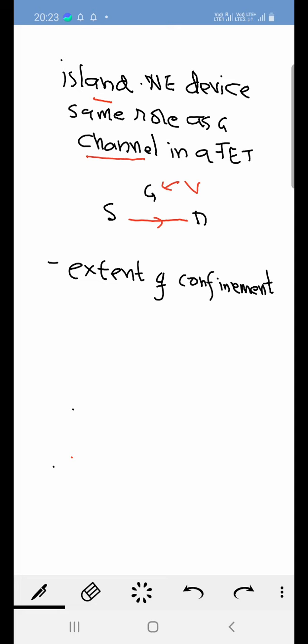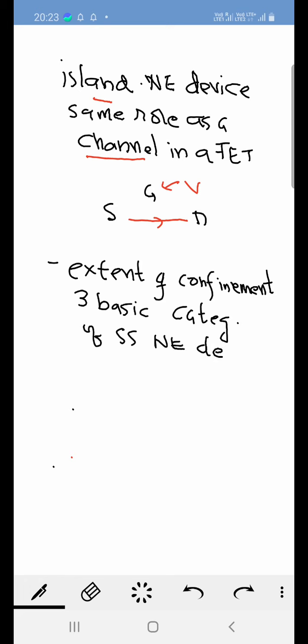And there are basically three basic categories of solid-state nanoelectronic device based upon the extent of confinement.